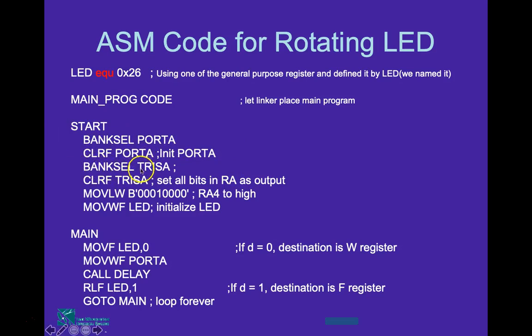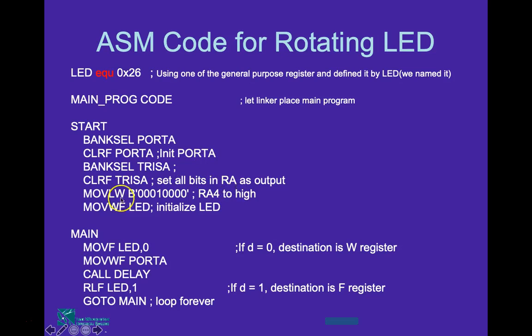And then bank cell TRIS A, making port A an output. You first select the bank cell TRIS A. So you selected the TRIS A, and now you're clearing it. When you clear the TRIS A, it means you're providing 00 hexadecimal to the TRIS A, which means you're making all the bits in the RA register, which lies under port A, all as output.